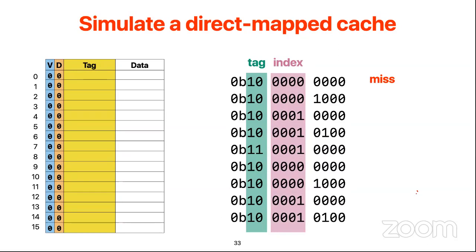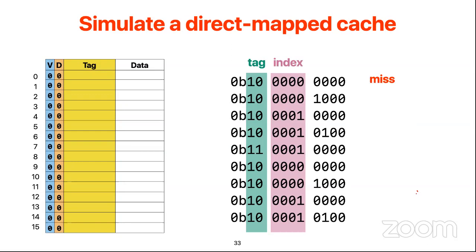So now, because it's a miss, what would the cache do? The cache will take the data from the next lowest memory and put it in here. So when we load the data, it's the whole block, right? Yeah. So now, what's the new content in block 0?